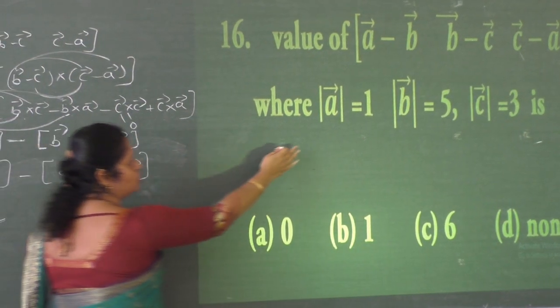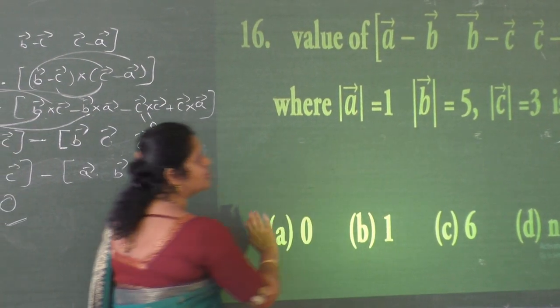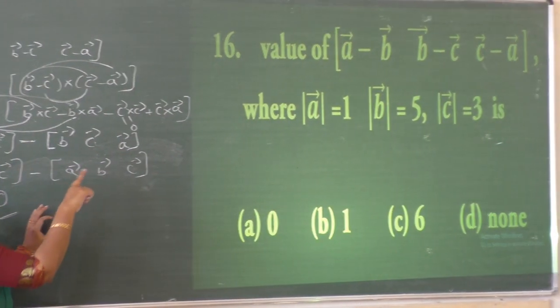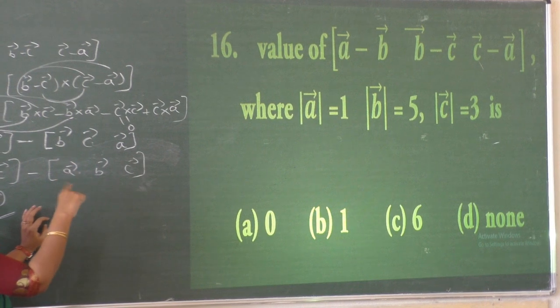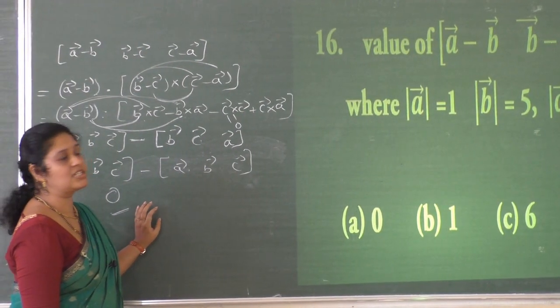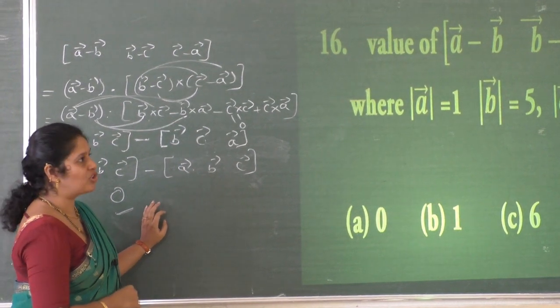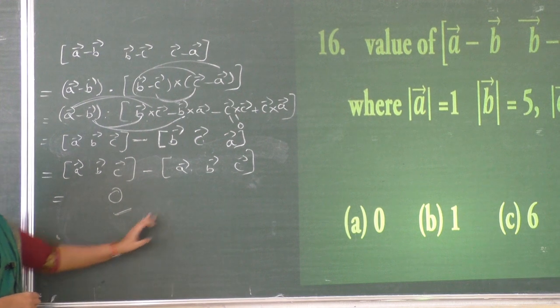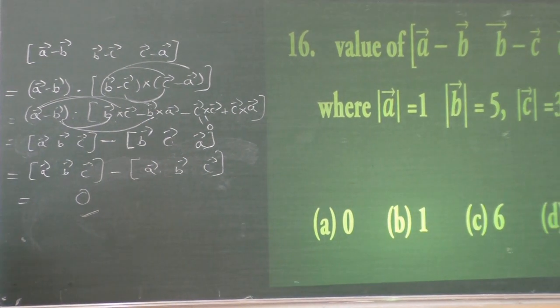Whatever these magnitude values are, that box product is always equal to 0. If I take the sum, that is box product of vector A plus vector B, vector B plus vector C, vector C plus vector A, that is always 2 times box product of vector A, vector B, vector C. That you have to remember.